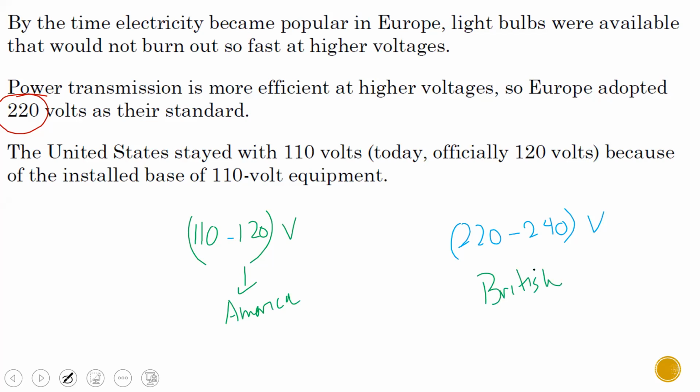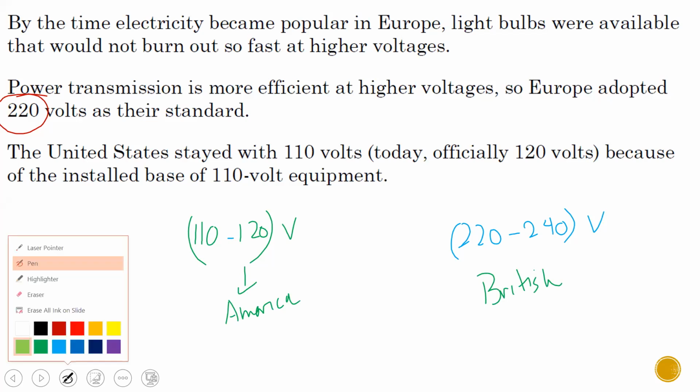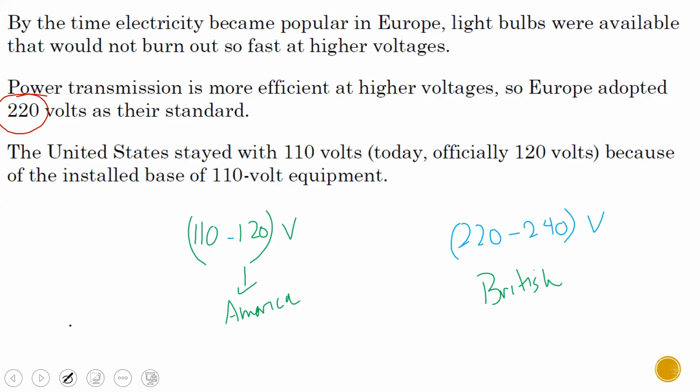Now, if you have an electric device that works on 110, for example you bring something from America, and you want to turn it on in a country that uses 220, like Egypt. You go to America, you bring a fridge that works on 110, and you put it on 220. What will happen? The device will burn.